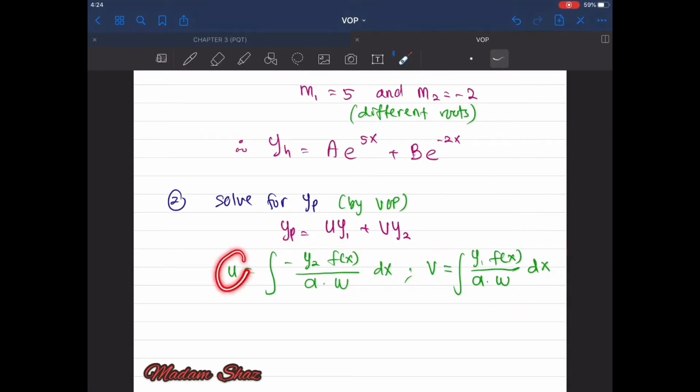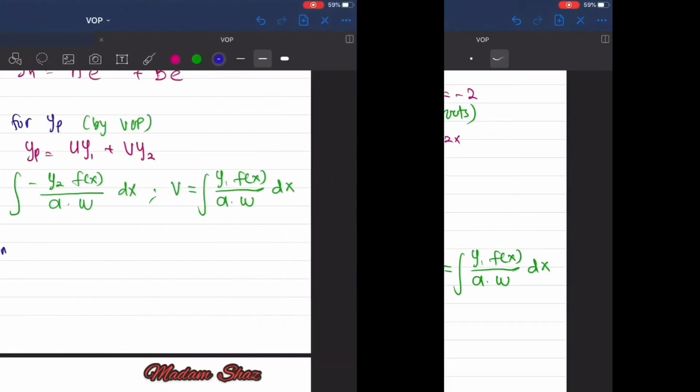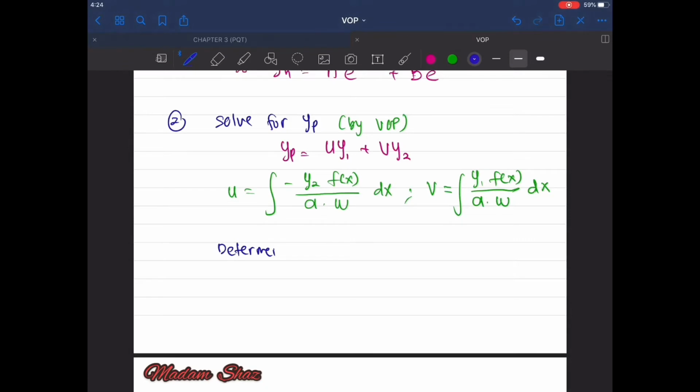In order to calculate u, you need to integrate negative y2 and you have fx, a and the w. y2 and y1 we can get from the yh. So we determine y1 and y2 from yh.